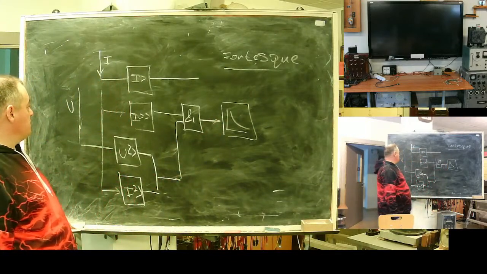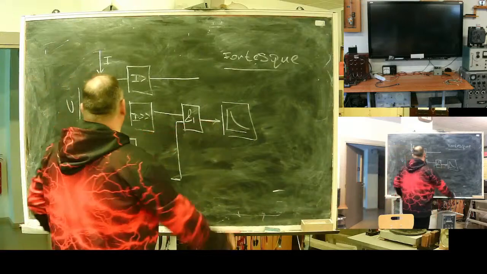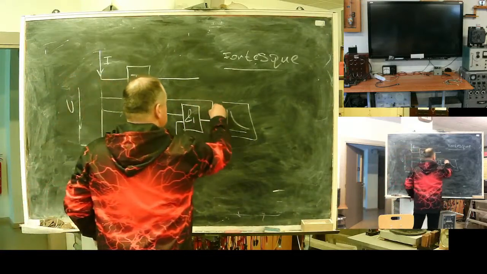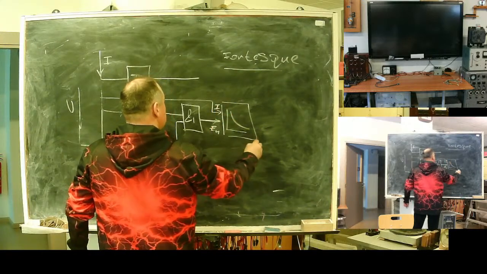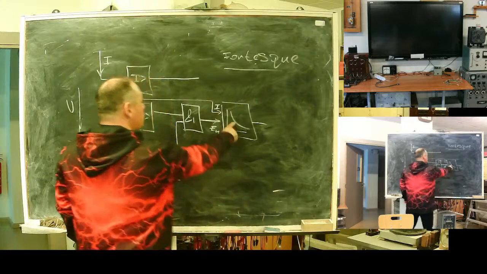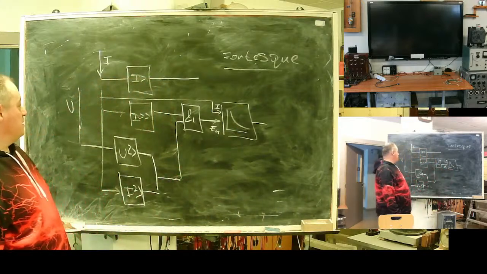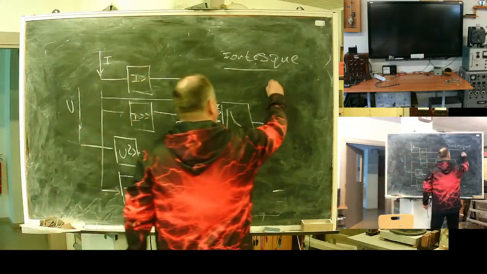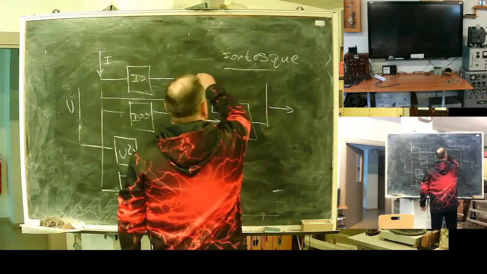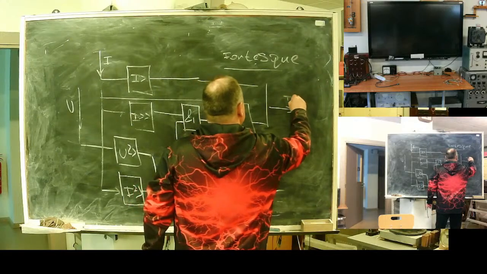Characteristic. So this is the enable signal, and of course this is the current. This will calculate the trip time. Trip signal.